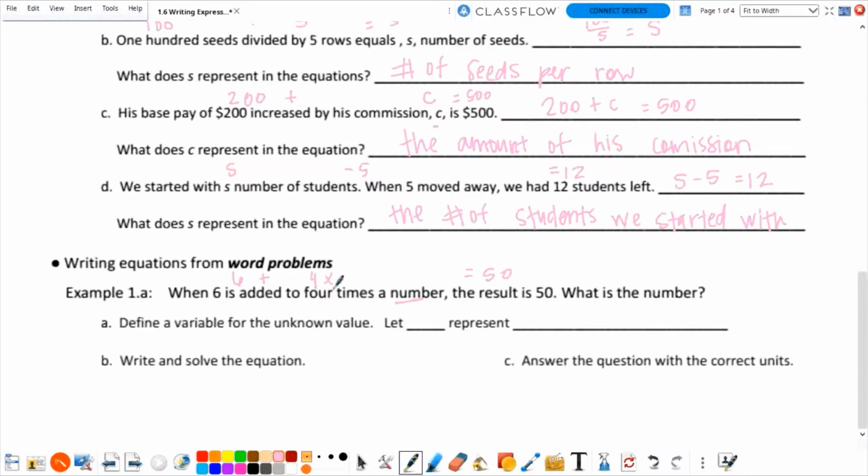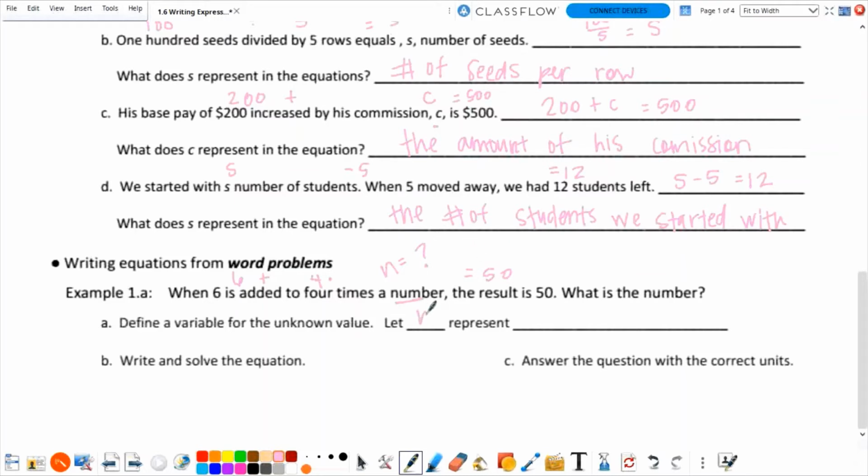So let's define a variable for the unknown value, okay? I wrote x up here, but let's say times a number, right? So we'll say n is our variable. And we'll just put 4 multiplied, so that doesn't confuse you.